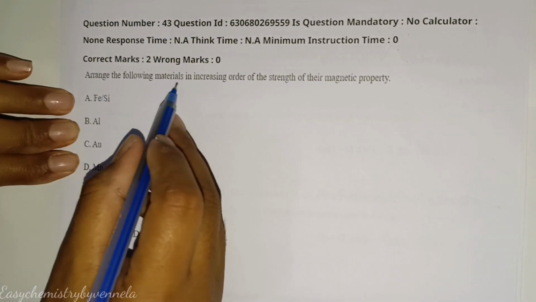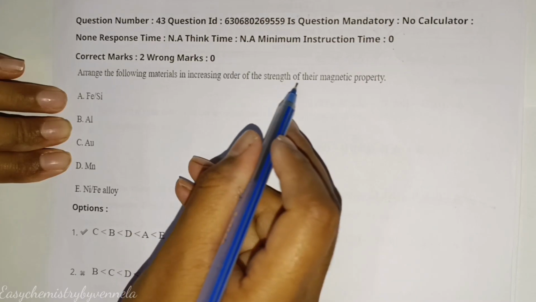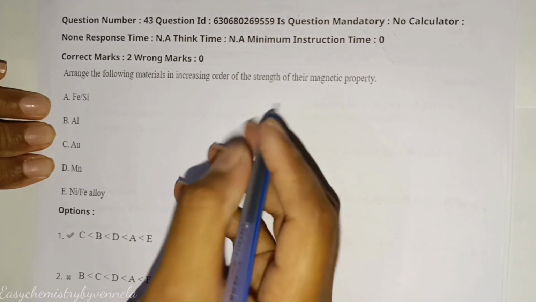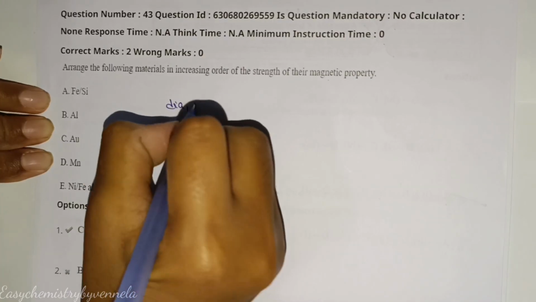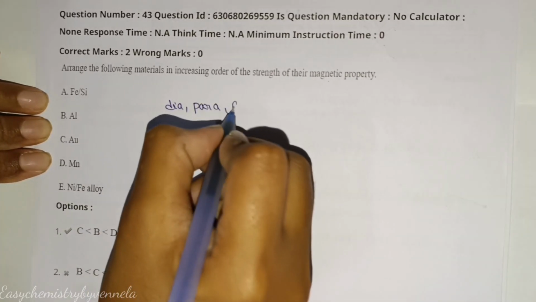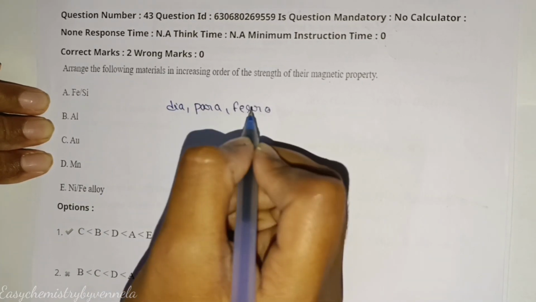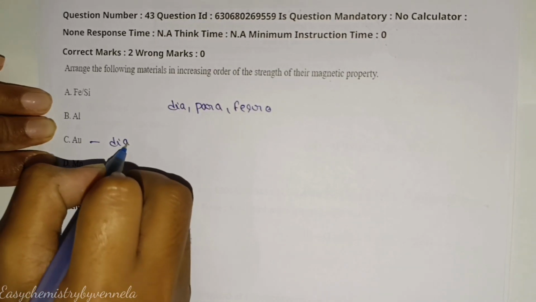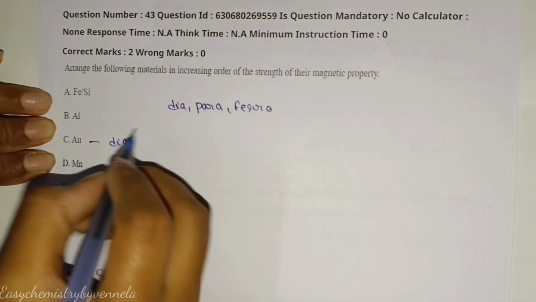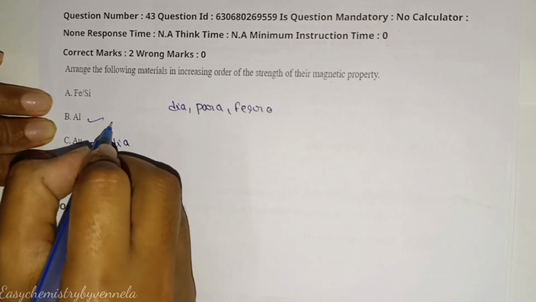Next question. Arrange the following materials in increasing order of the strength of their magnetic property. Mainly here magnetic properties are diamagnetic, paramagnetic and ferromagnetic. Here they given gold is diamagnetic. Aluminium, manganese.